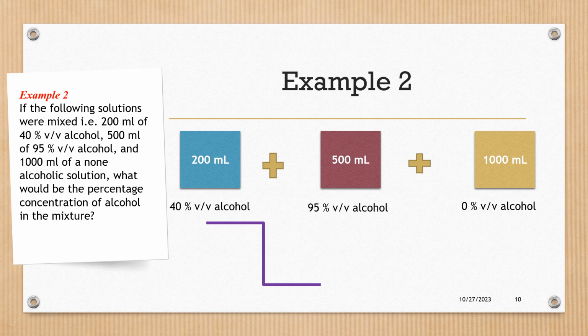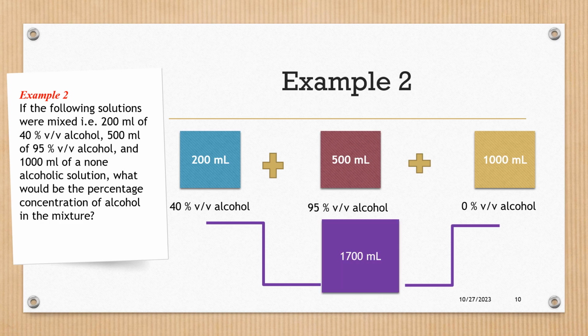So 200 mL, 500 mL, 1000 mL, and in terms of the final volume of our mixture, we are supposed to be getting 1700 mL. Now, in terms of concentration, you would notice that for 200 mL, the concentration is 40% as given in the statement.